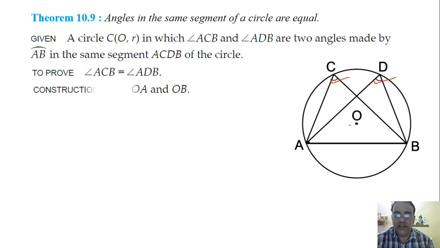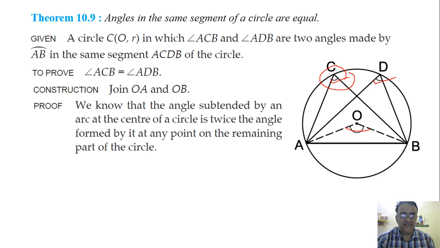We'll join OA and OB. Right? We joined OA and we are joining OB. Now, we have just studied that the angle subtended by an arc at the center, this one, is double the angle at any point on the remaining part of the circle. So that means angle AOB is 2 times angle ACB.